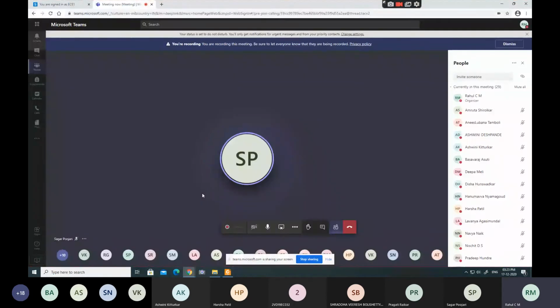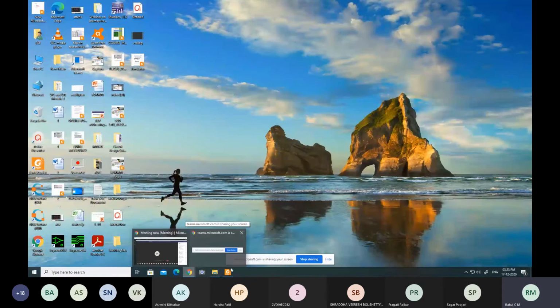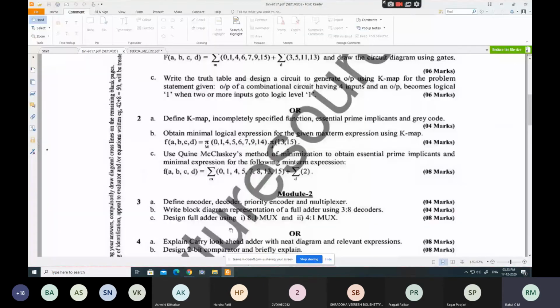Is it known? Value is known or value is not known? In don't care, the value is unknown, right? That's why I take either 0 or 1.